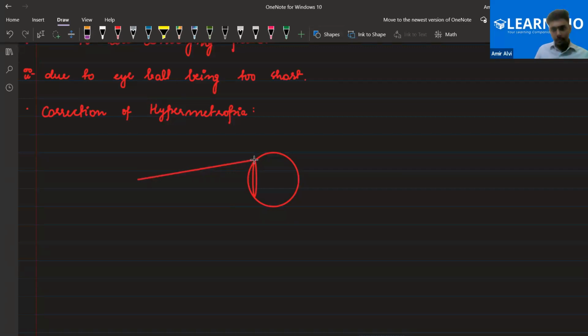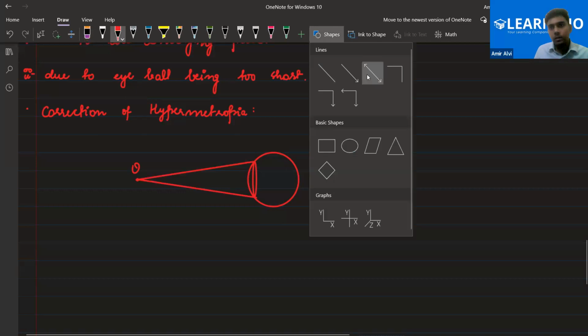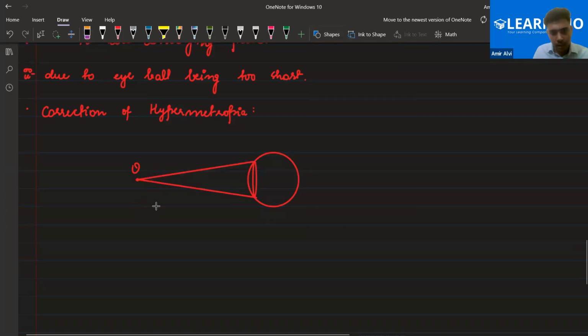When the object is nearby, the rays are coming like diverging rays. Yes or no, Shazil? This is the point at which the object is placed, this is O, and the distance from the eye is 25 centimeter.